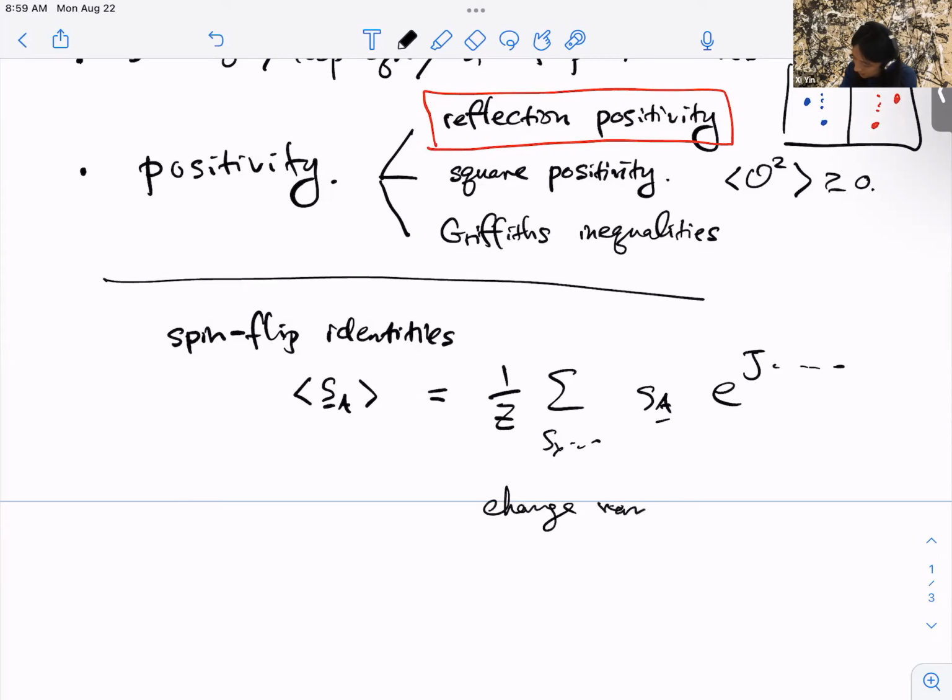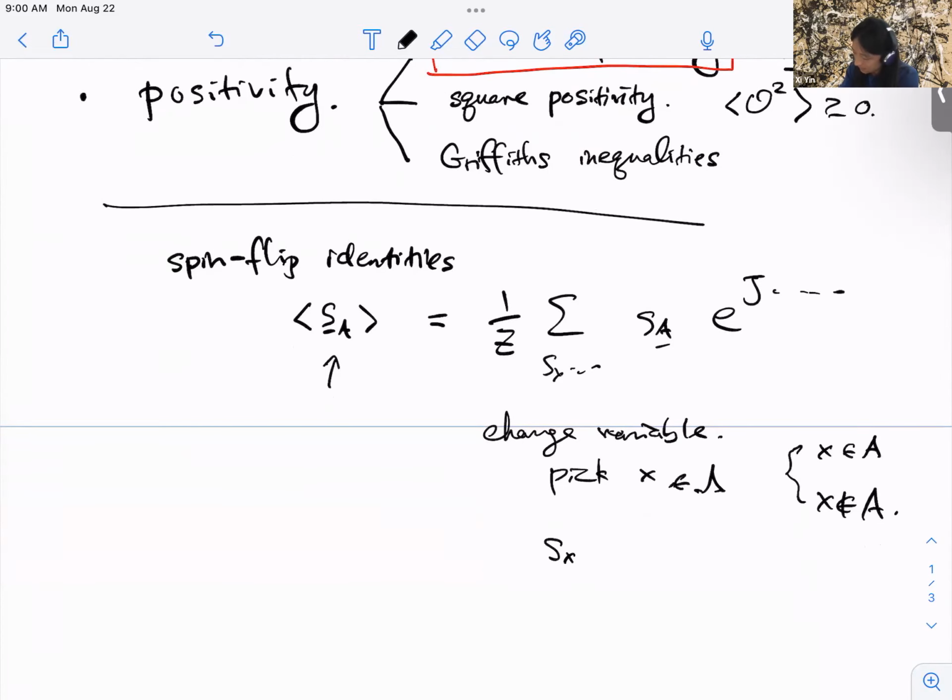You pick some x in the lattice. This x could be either in the subset A, where your spins are inserted in the correlator, or maybe not. And you change variable by flipping s_x to minus s_x. Let's say if x is not in A, of course this does absolutely nothing to the correlator.